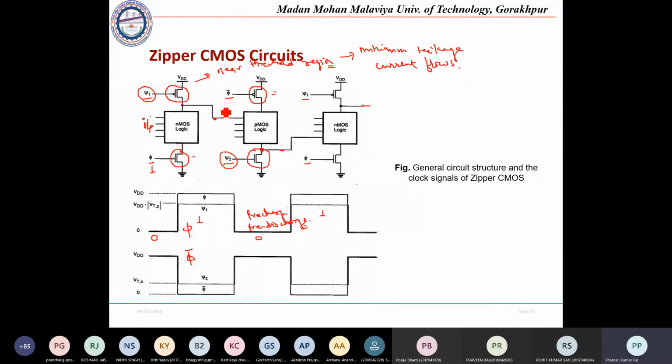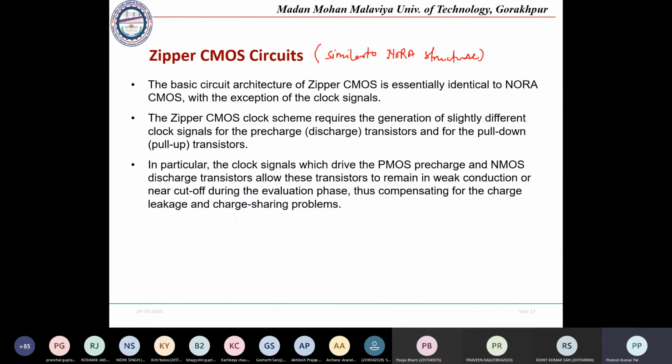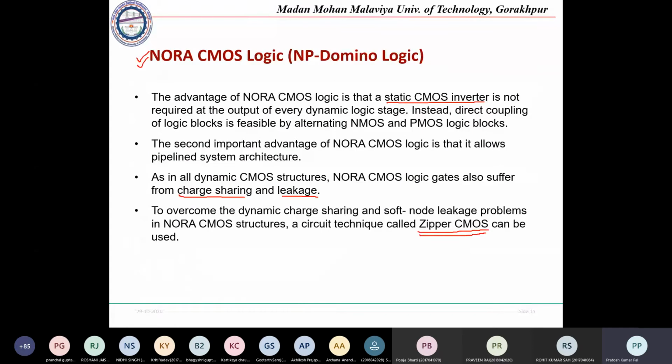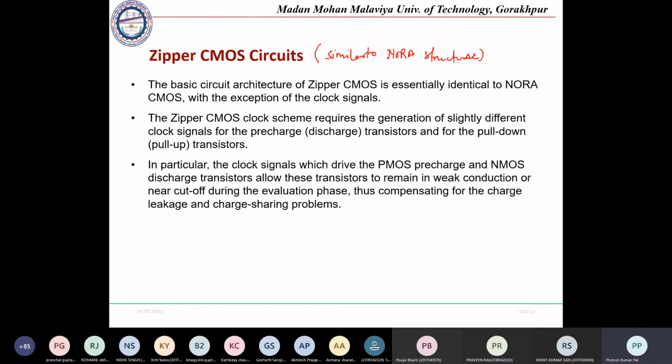The clocking is provided such that the leakage current in the evaluation phase, whatever leakage transistors there are, will be reduced, because these transistors in the evaluation are provided with logic that makes them operate near the threshold voltage. So this is how the leakage can be reduced in domino compared to NORA, because in NORA there was a problem of leakage current.